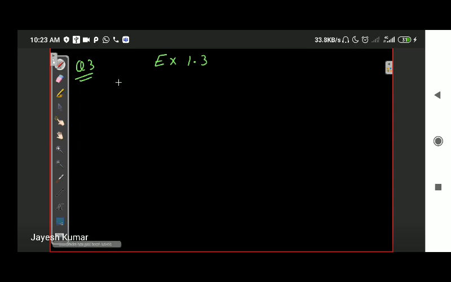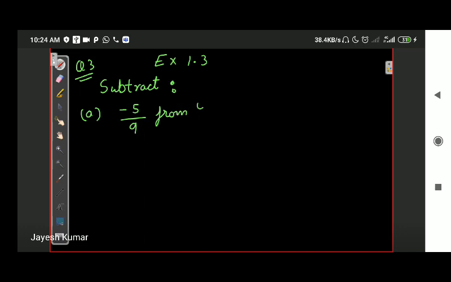Now question number 3 is, you have to subtract. I'm taking first part and second part. You have to subtract minus 5 upon 9 from 4 upon 9.